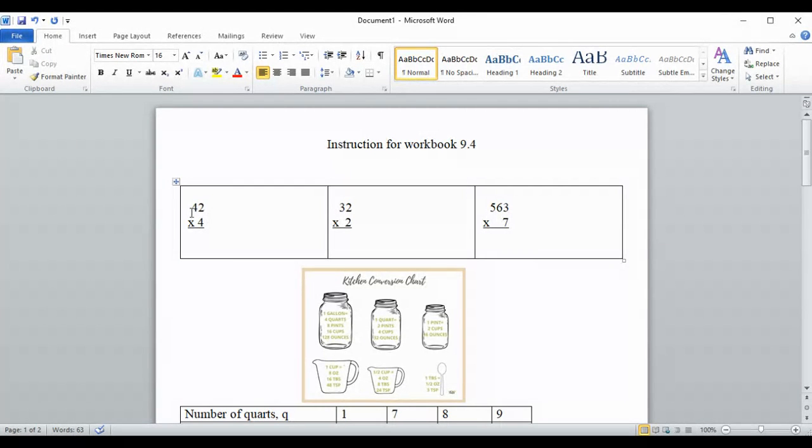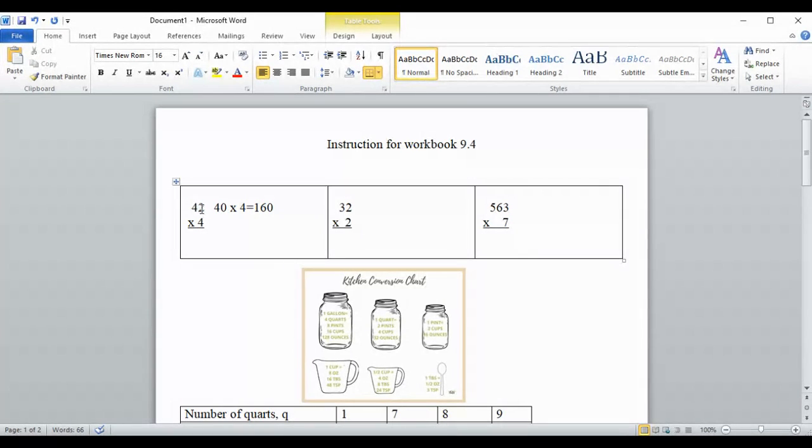If we were doing the math fact, add the 0, 40 times 4 would be 4 times 4 is 16, add the 0 would be 160.